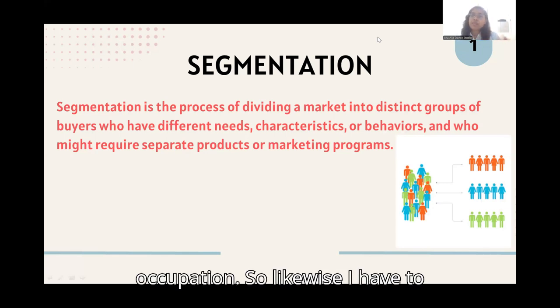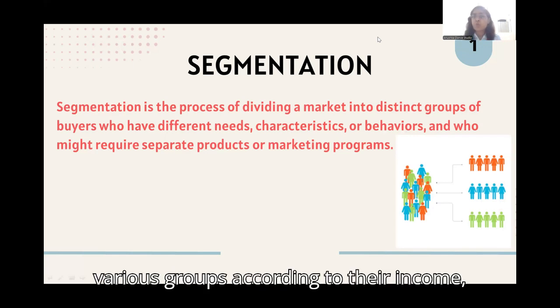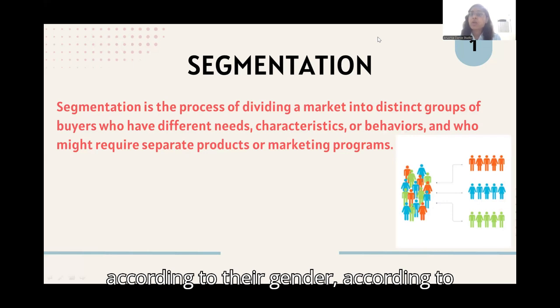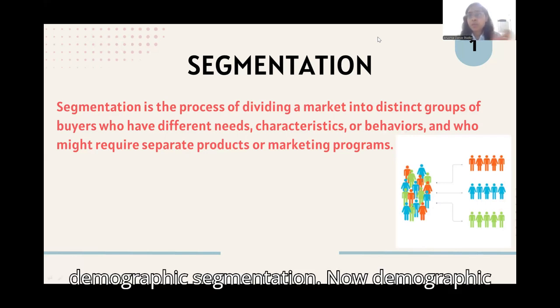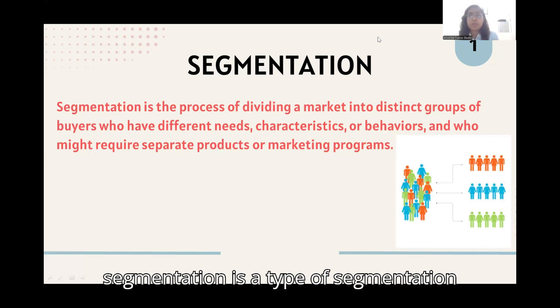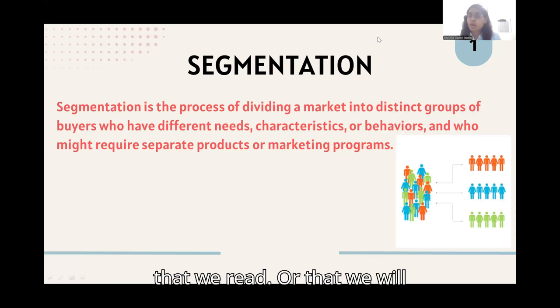Likewise, I have to divide the population into various groups according to their income, their gender, their occupation. So this is how I have done the demographic segmentation. Now, demographic segmentation is a type of segmentation that we will understand in the next slide.